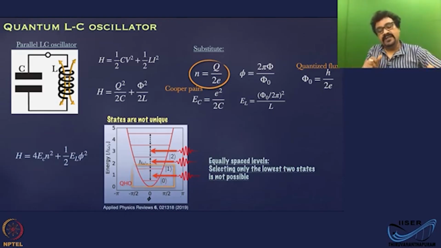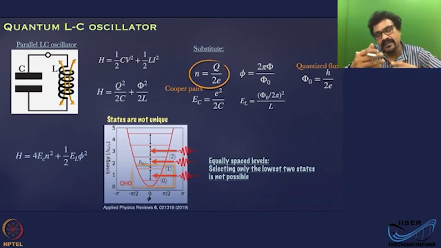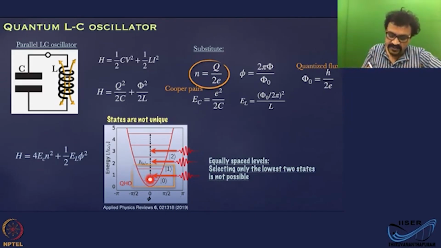Now the idea is we want to encode these zeros and ones, or the qubit states, into the lowest two levels, the ground state and the first excited state, 0 and 1. But how do you actually manipulate these states? You use radiation with h bar omega equal to this energy spacing.